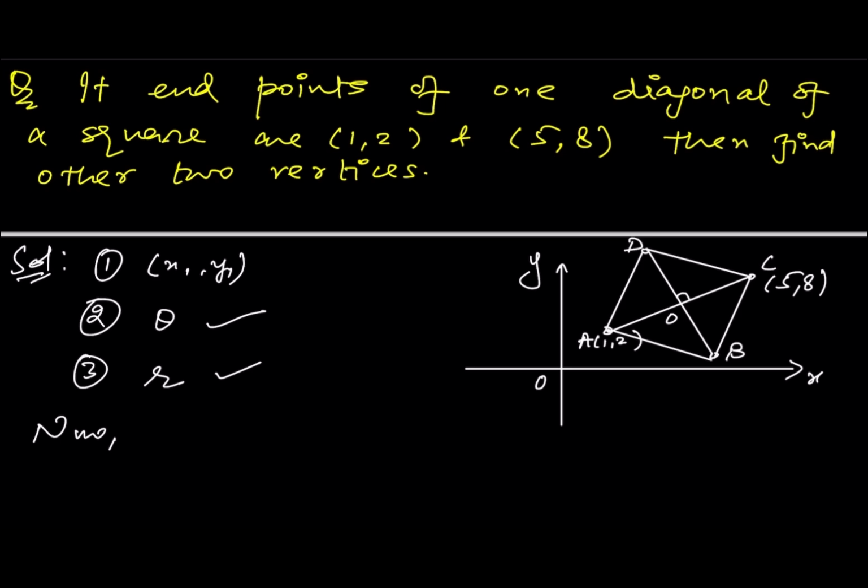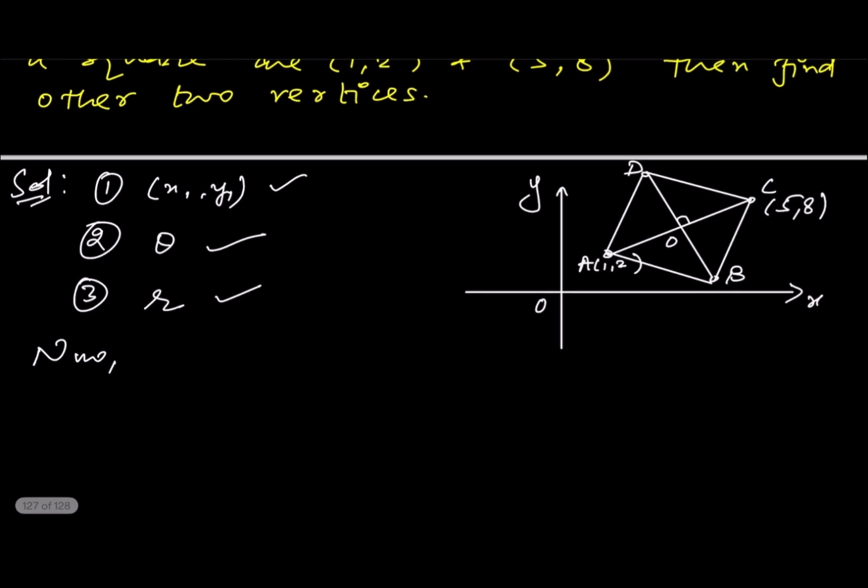So you know x1, y1 as well. Now O is the midpoint of AC. So (5 plus 1) by 2, which is 3, comma (8 plus 2) by 2, which is 5. So O is known, means x1, y1 is known.